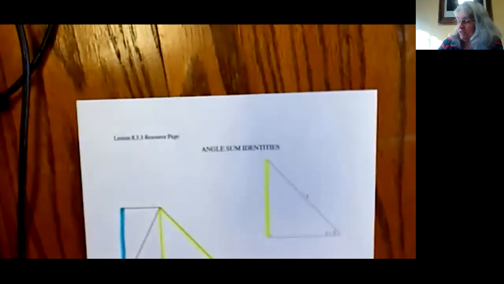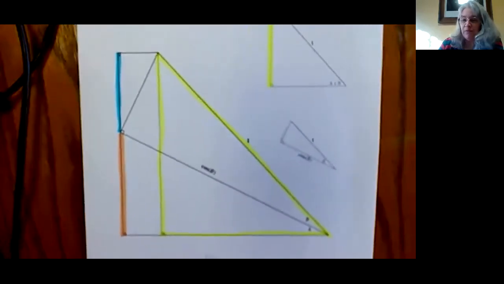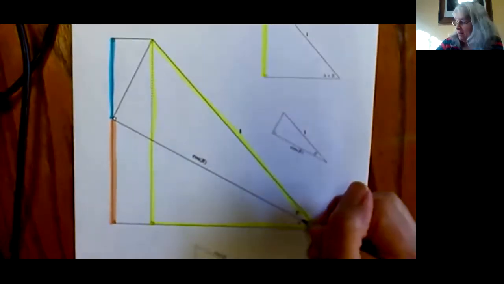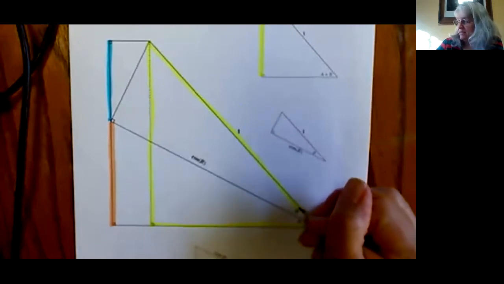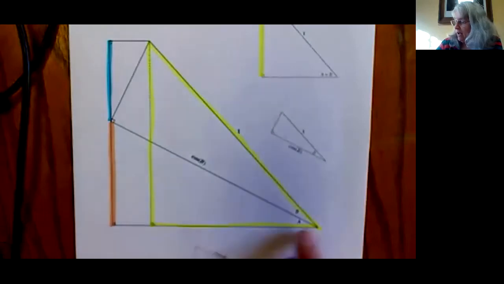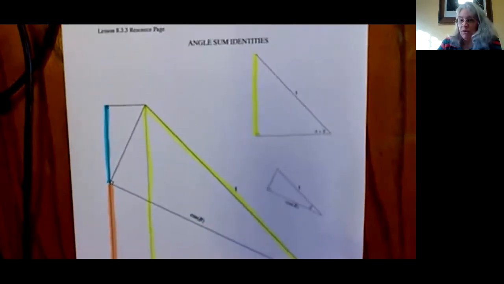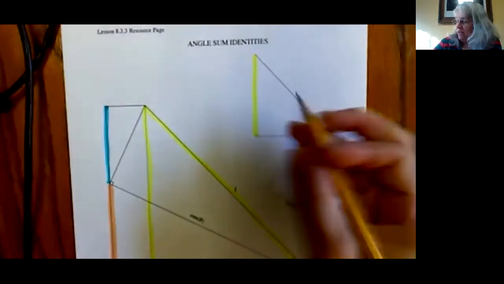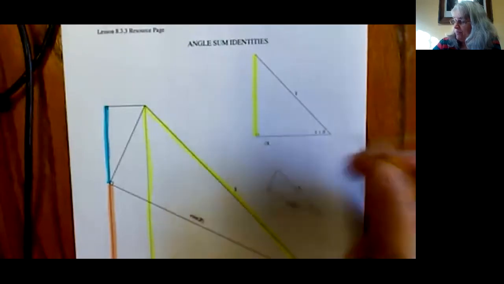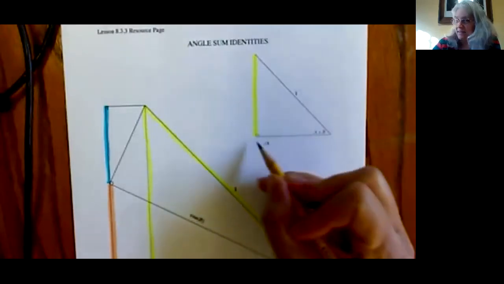Let's go back over here. We're going to use geometry to show what the sine and cosine of A plus B is. So we have this right triangle, it's in yellow. And this one corner of the angle is angle A plus angle B. Let's put a little A right here and talk about what this side length is.